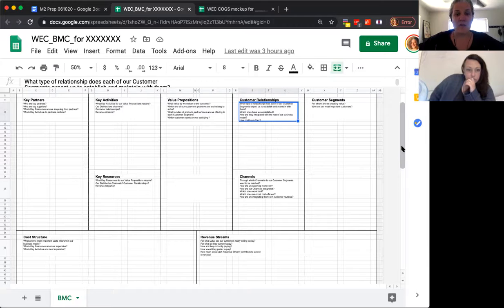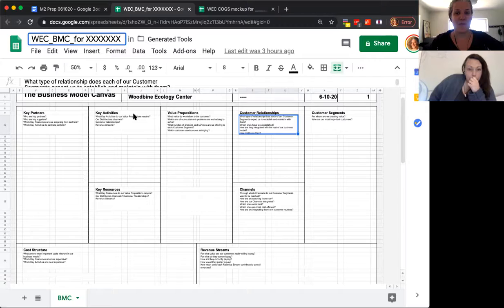But in terms of the 9 sections that are here, I want to ask, what do you think we've already discussed about these business models? And we can choose one or the other, property leases or wedding rentals, and put it into the title up here.